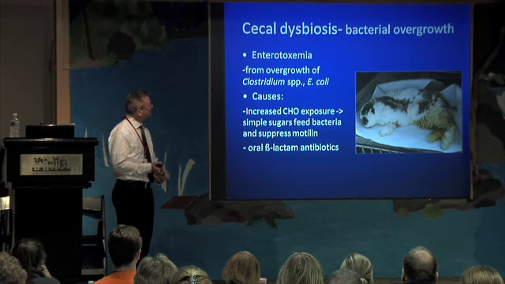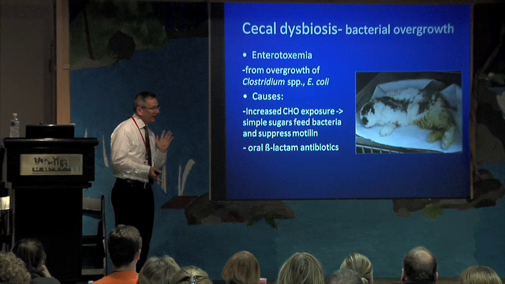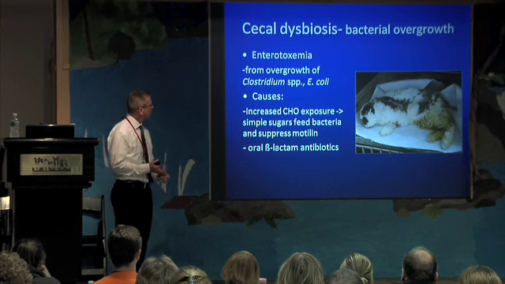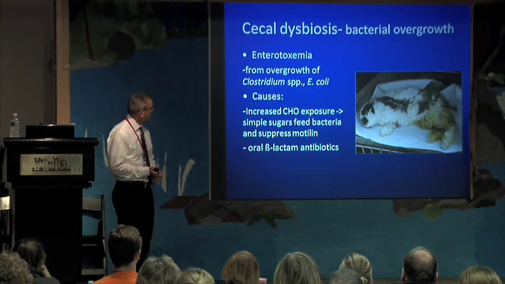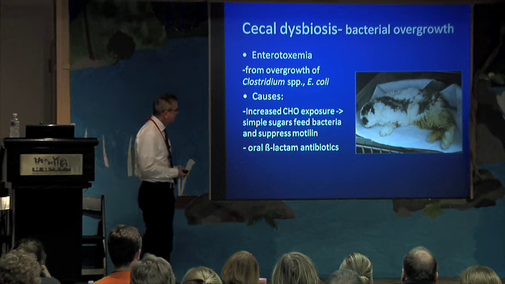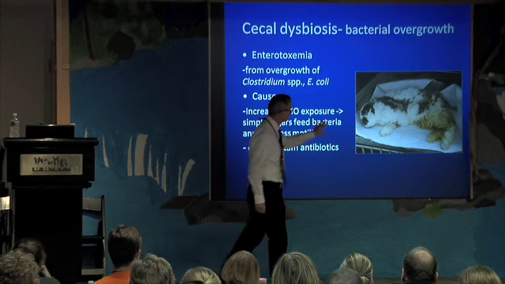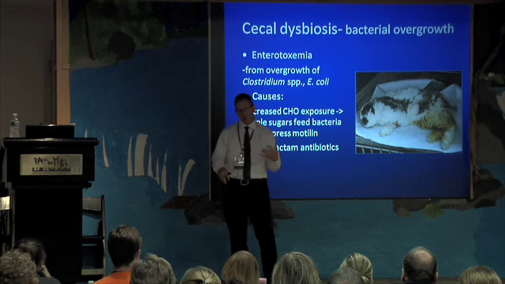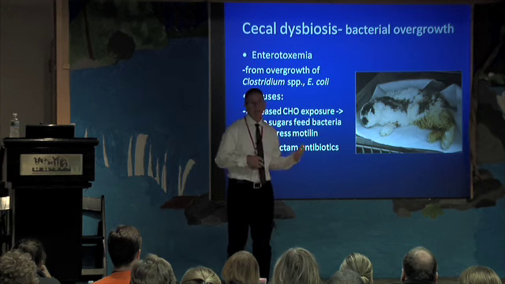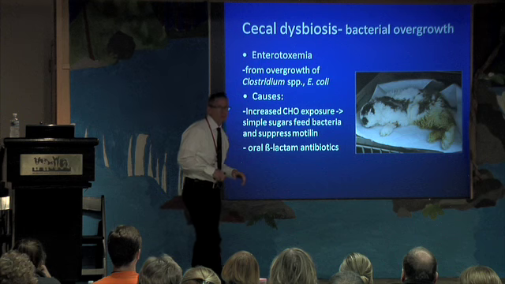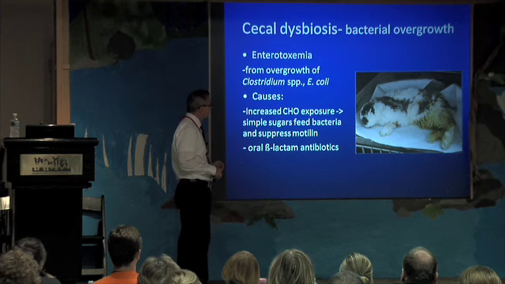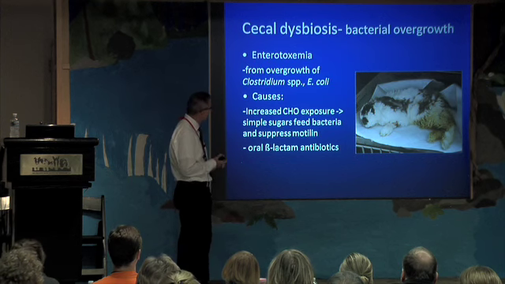So to close out with the GI disease, cecal dysbiosis, the bacterial overgrowth, this has been covered pretty well in the lectures so far. But again, many times an enterotoxemia, and this one has diarrhea, which is not common. More commonly, you see these wads of mucus coming out of the colon or some stool with lots of mucus covering it.